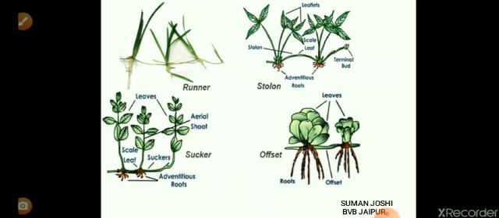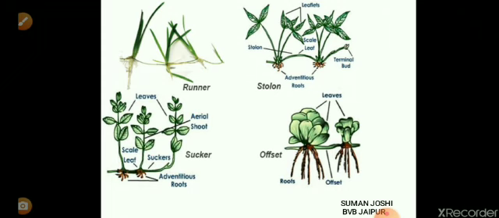Stolon. You all have seen the jasmine plant. Here what actually happens, at the base of the node which is present just below the soil, a bud grows into a shoot, and then it comes out of the soil, and then it bends downward, again touches the soil.